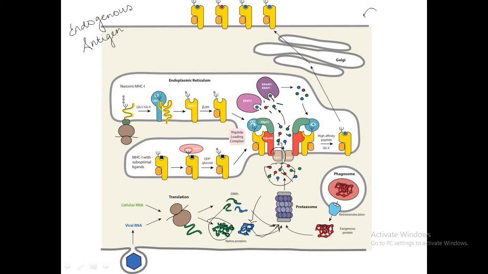This TAP1 protein facilitates the entry of the viral protein processed by the proteasome complex. TAP1 proteins are the transporters associated with antigen processing. So this processed antigen will enter via this transporter, TAP1.